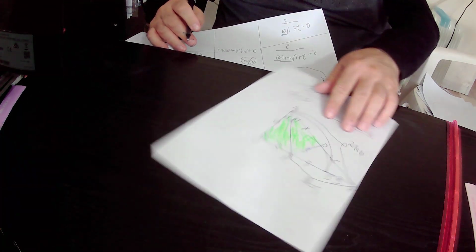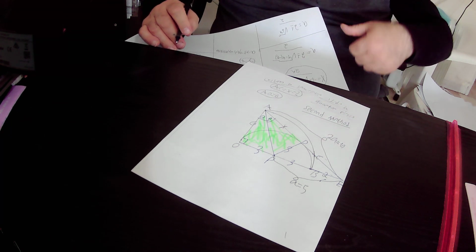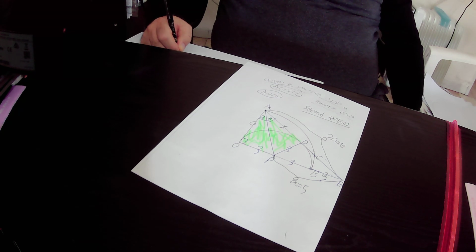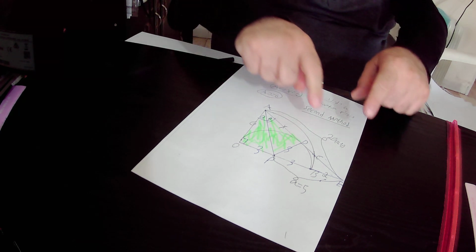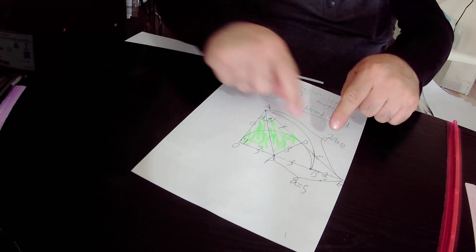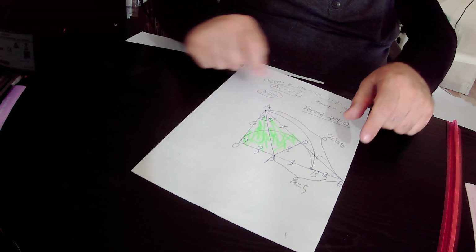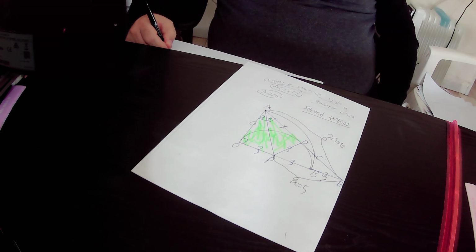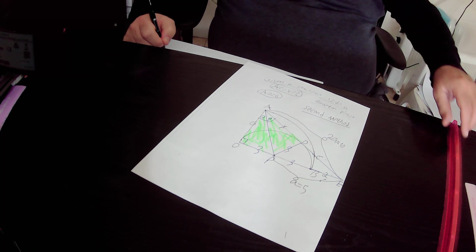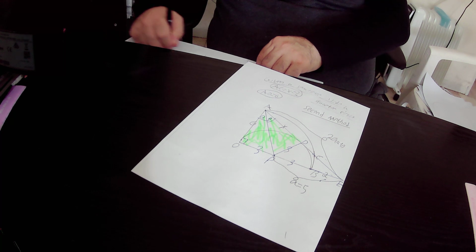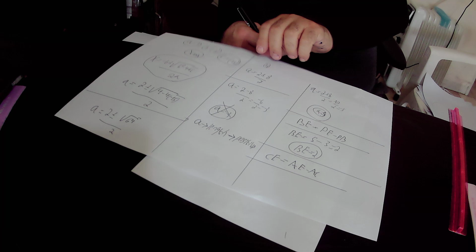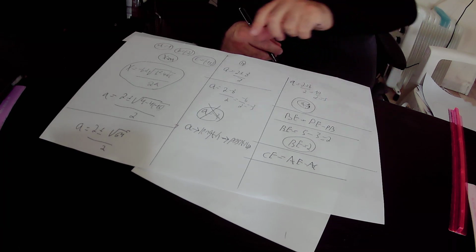In the next step, we will find out the value of line segment CE. Here, from the drawing, it is very easy to see that the length of line segment CE equals AE minus AC. Again, CE equals AE minus AC.